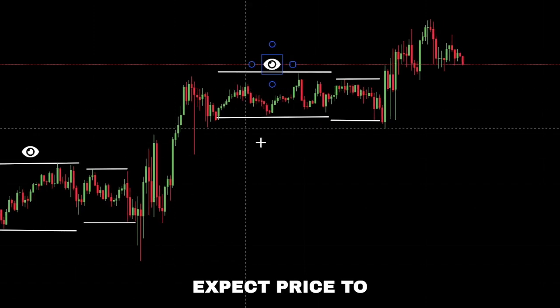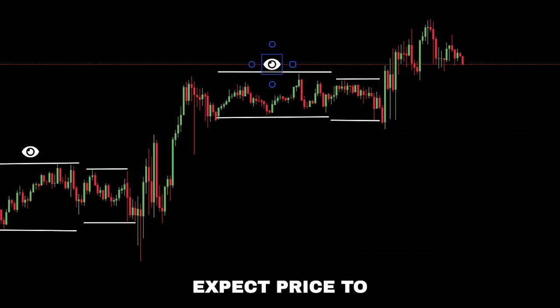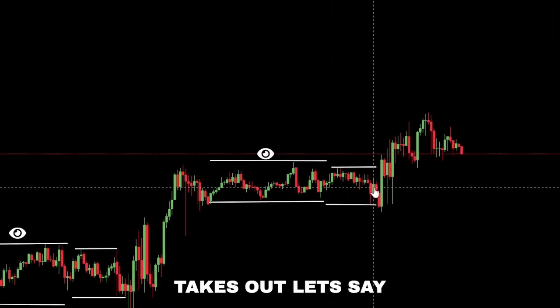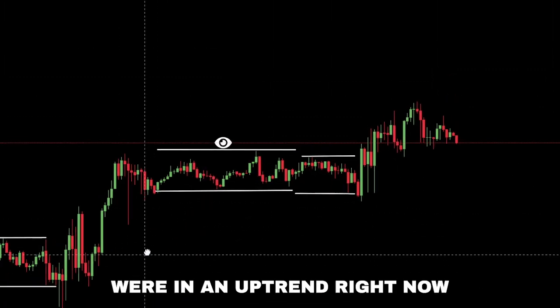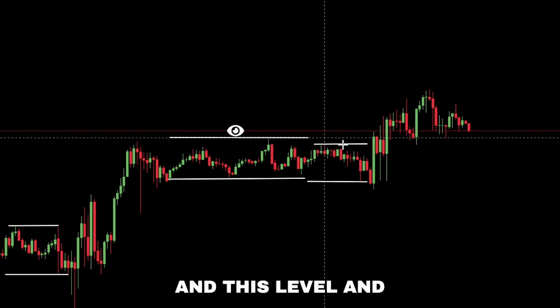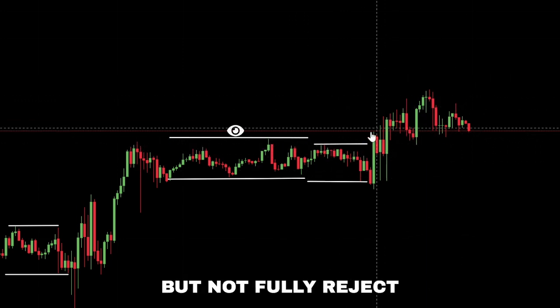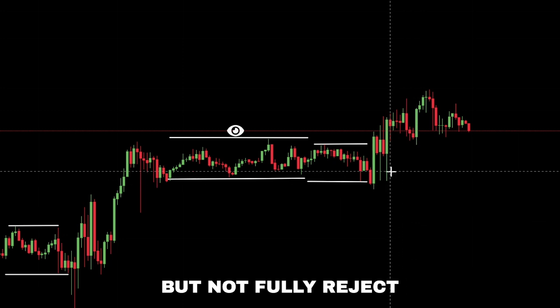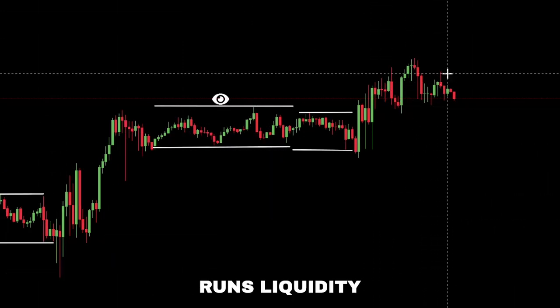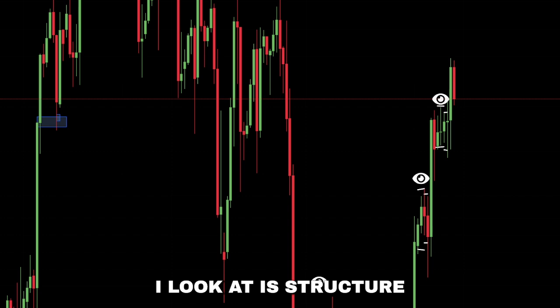So when I expect price to run liquidity, which basically means price takes out, let's say we're in an uptrend right now, price will take out this level and this level and just keep on going, but not fully reject and go back down. That's what I mean when price runs liquidity. So the first thing I look at is structure.